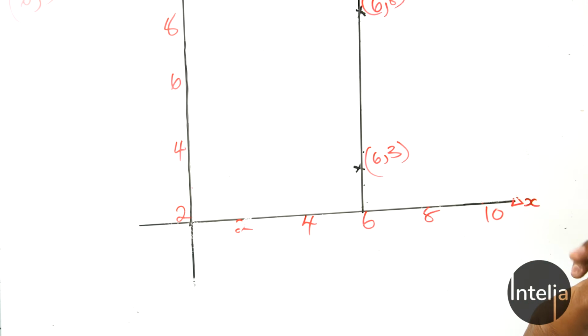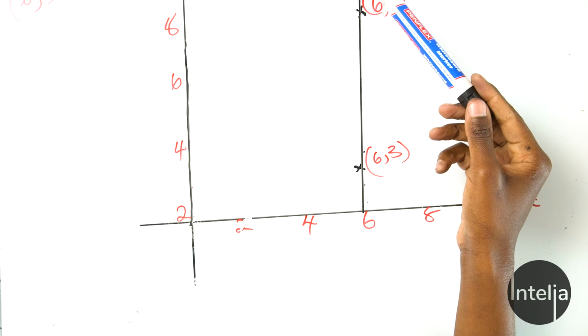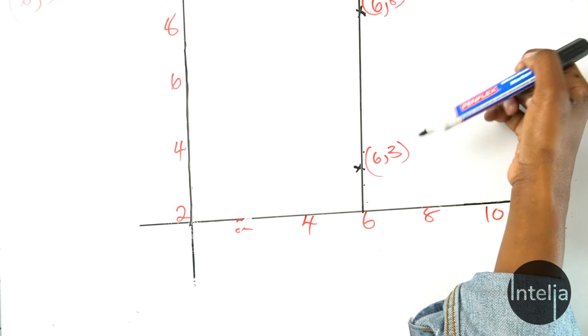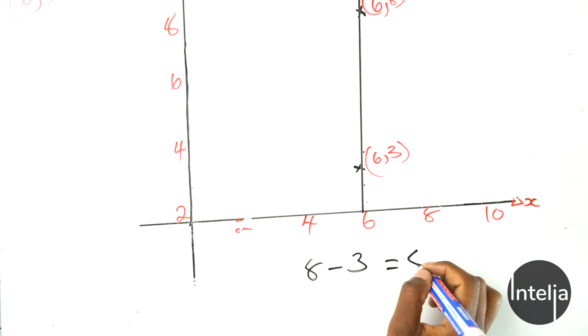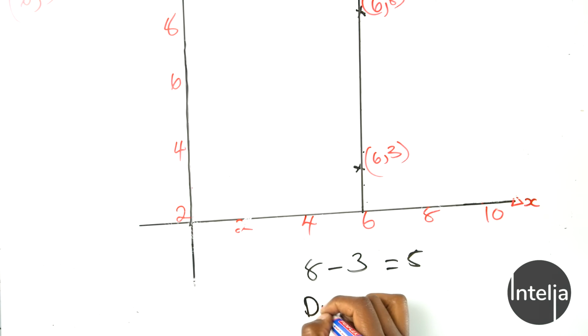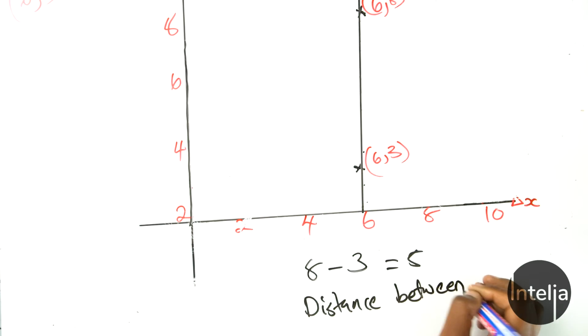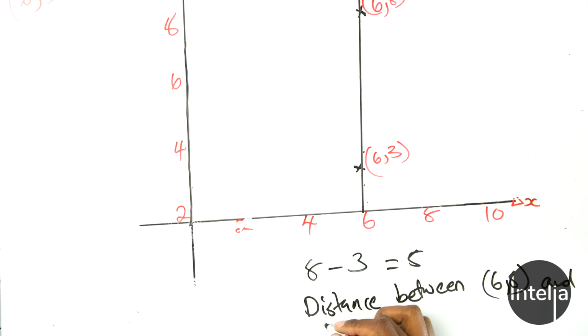So to find the distance between the coordinates (6, 8) and (6, 3), remember we said you subtract. So 8 minus 3, which is equal to 5. So the distance between coordinates (6, 8) and (6, 3) is equal to 5.